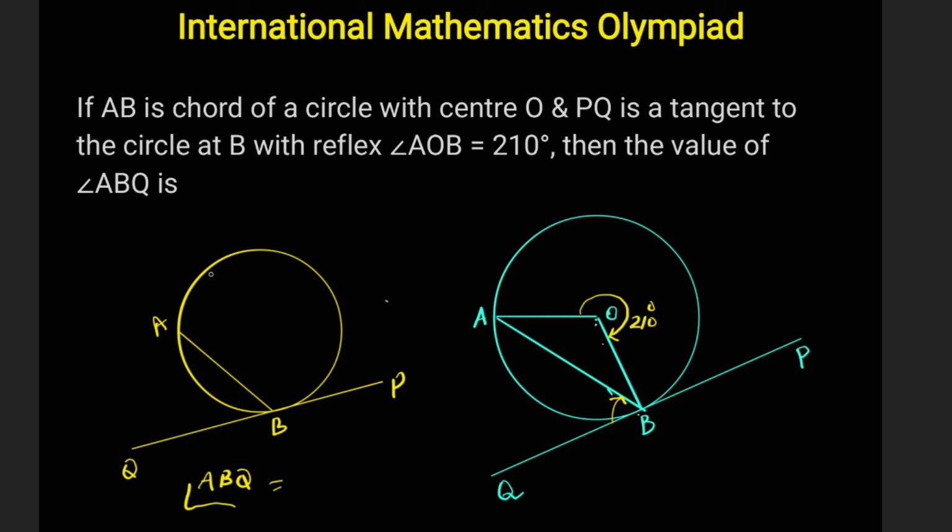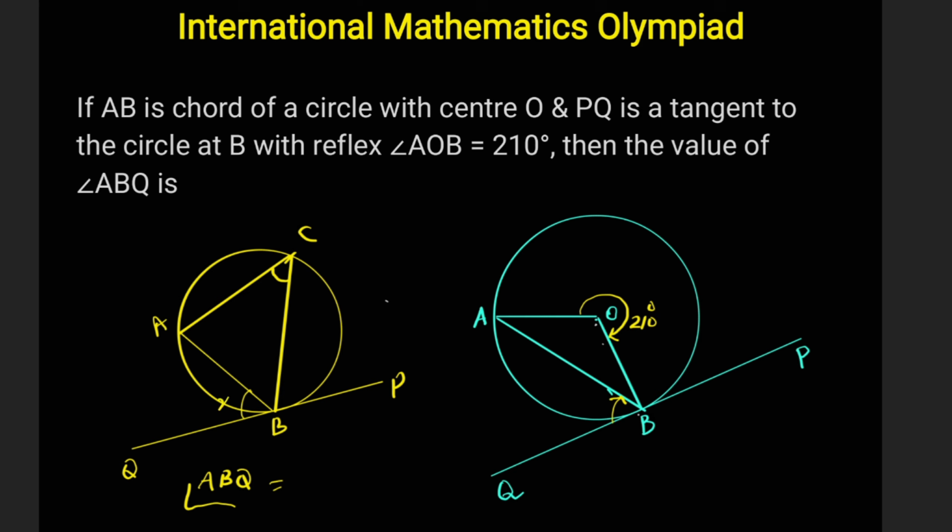See, AB is making this segment here. Take any point C in it and join it to A and B. This angle will be equal to this angle ABQ. This is called the alternate segment theorem.